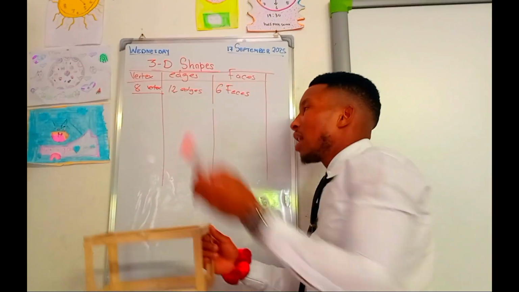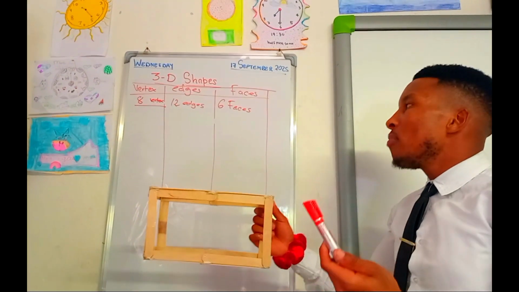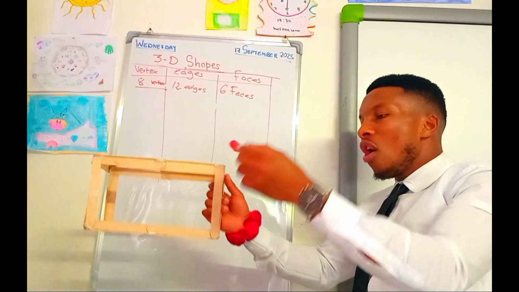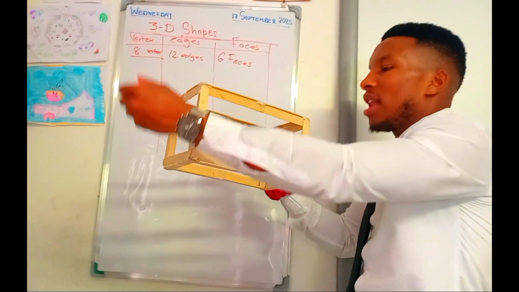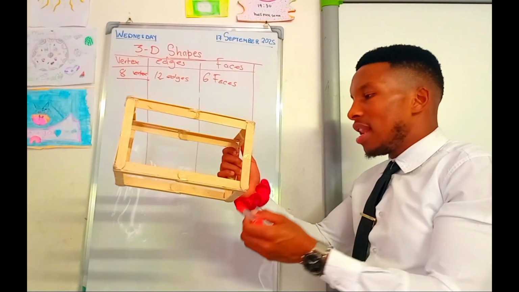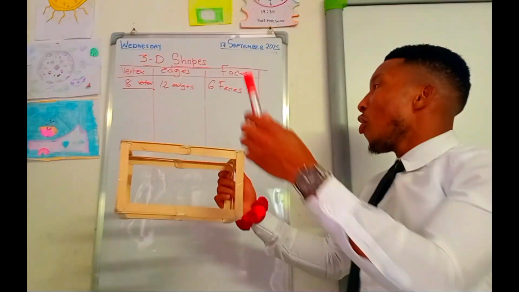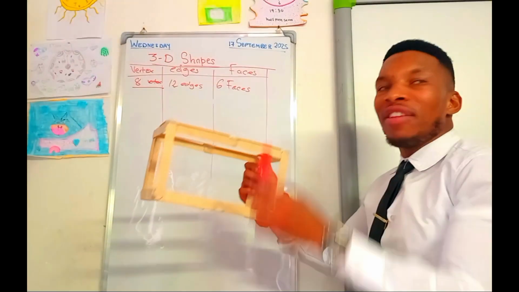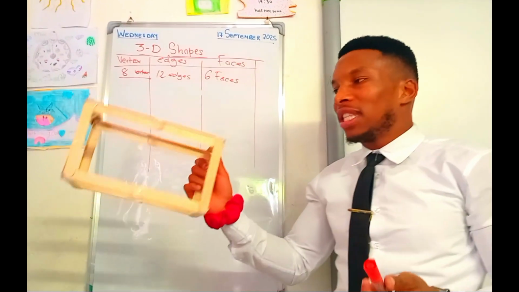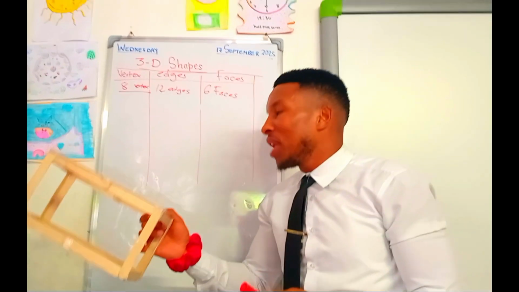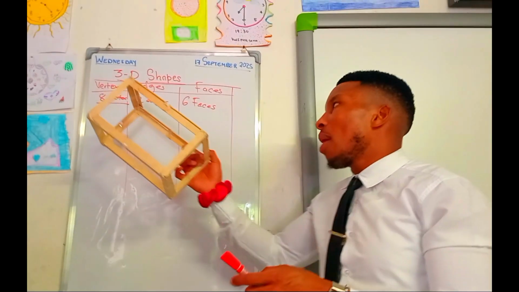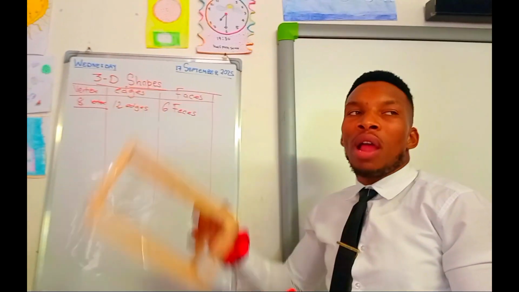The same as a cube. How many edges? We have 1, 2, 3, 4, 5, 6, 7, 8, 9, 10, 11, 12. We have 12 edges. Then how many faces? We have 1, 2, 3, 4, 5, 6. We have 6 faces. Therefore, a rectangular prism is the same as a cube when you're talking about the vertices, edges, as well as faces.